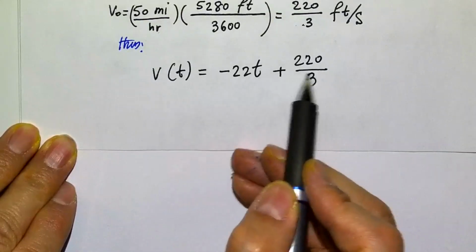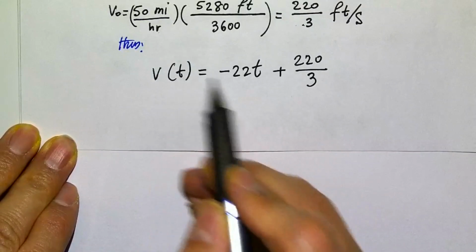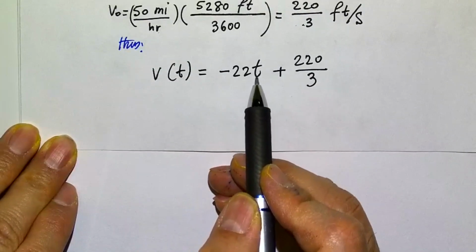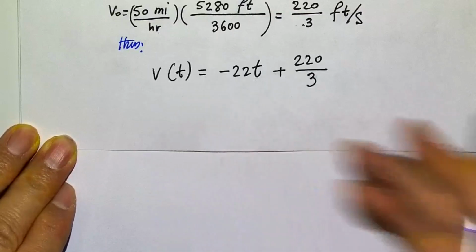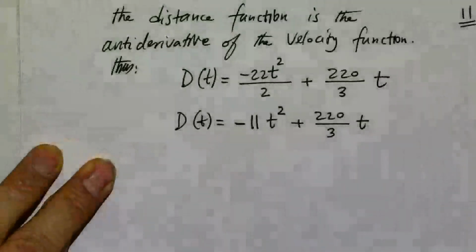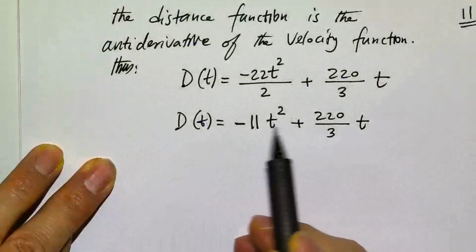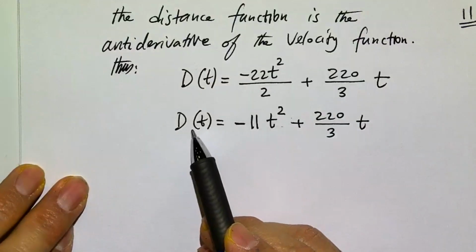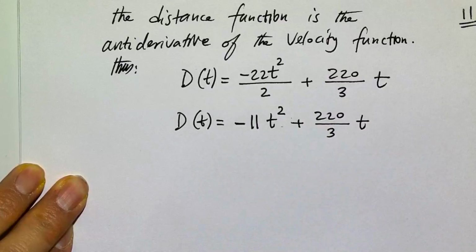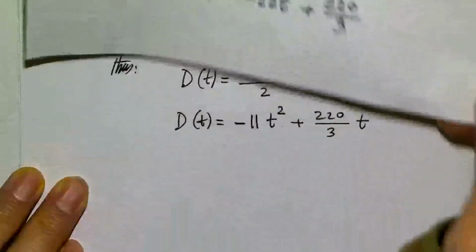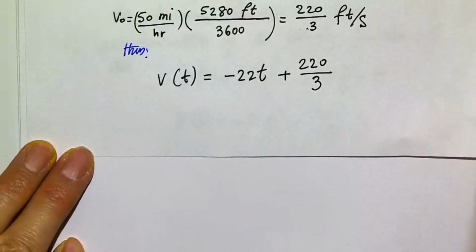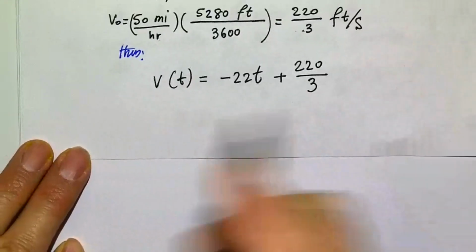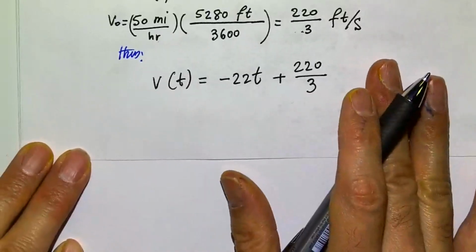So if I set this velocity function equal to 0 and solve for t, I'll know how long it took for this car to come to a stop, and I can use this time in the distance function to calculate how far the car traveled before coming to a full stop. So let's do that. There's enough space here, so I'll add it here.